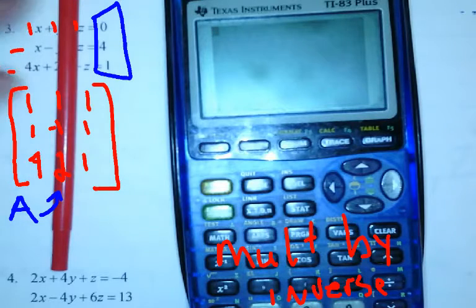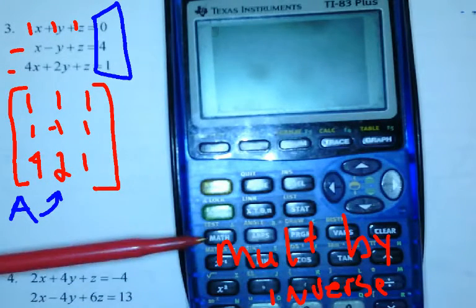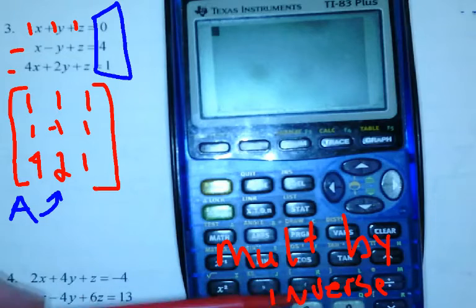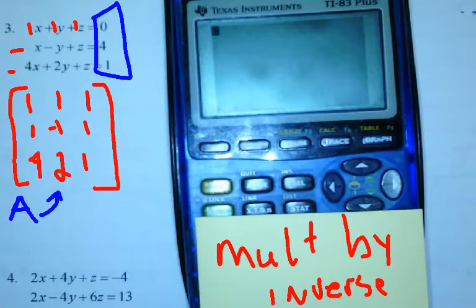Now remember, we can't divide by matrix B, so what we have to do is multiply by the inverse. It says so right here: multiply by the inverse. Ta-da! That's what we're going to be doing.